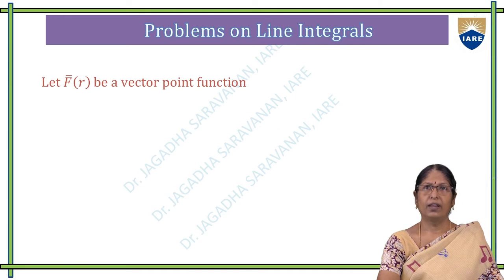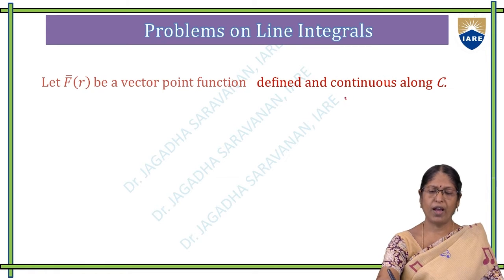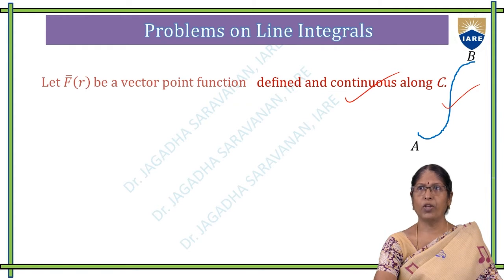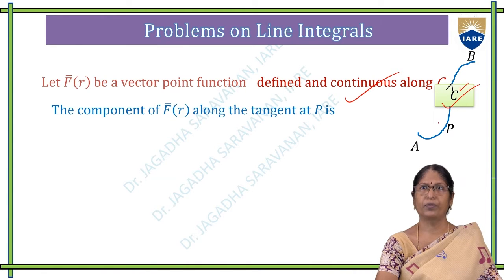Let f bar of r be a vector function which is defined and continuous along the curve C. This is a curve that is C. A is the starting point, B is the ending point, and it's a curve named C. There is a point P on the curve.